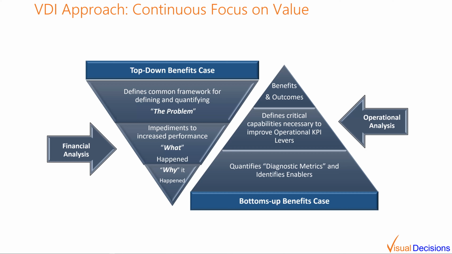And then we ask the question of what are the impediments to that performance today? What are the things that are standing in the way of achieving your goals? Then we do some level of root cause analysis on that, maybe not down to the absolute detail, but getting to a point where we find an actionable cause that we can address.